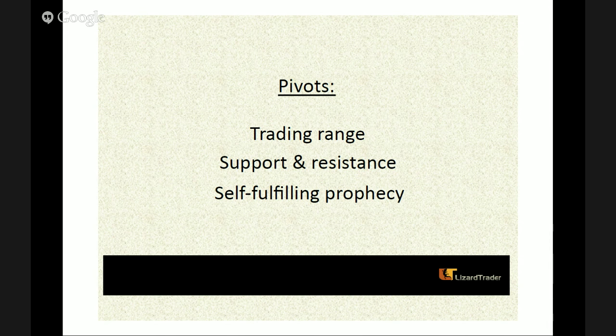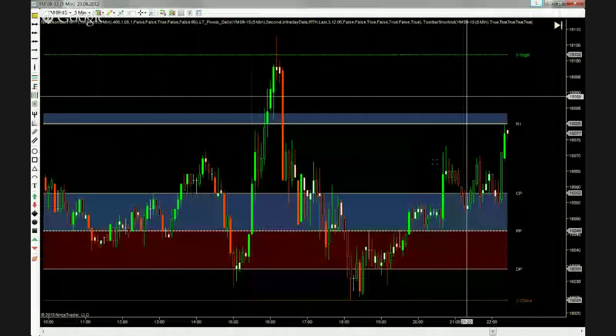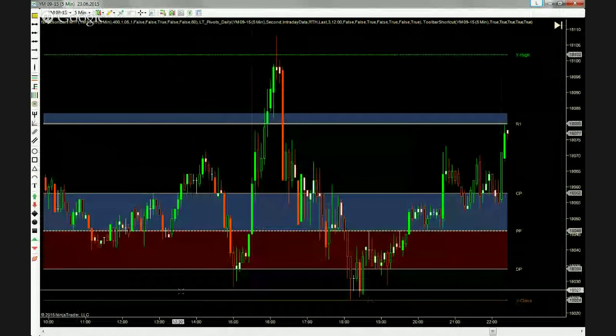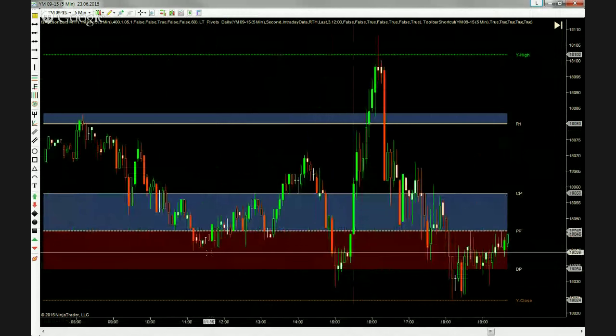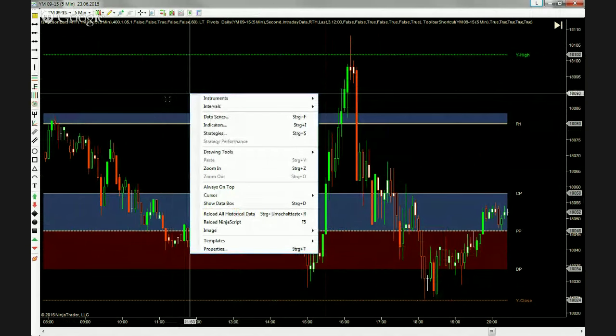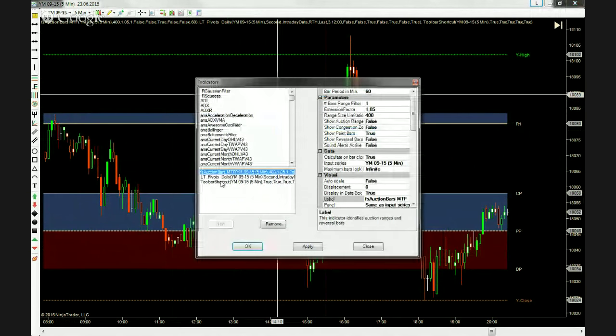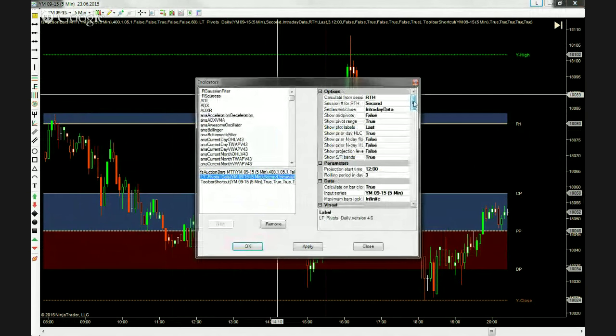So let's take a look at the pivot indicator. Put this in here. So you see here in the European session, it's important to note one thing about the pivot point indicator, and that is that you use the appropriate session template and that you have that set for your indicator.